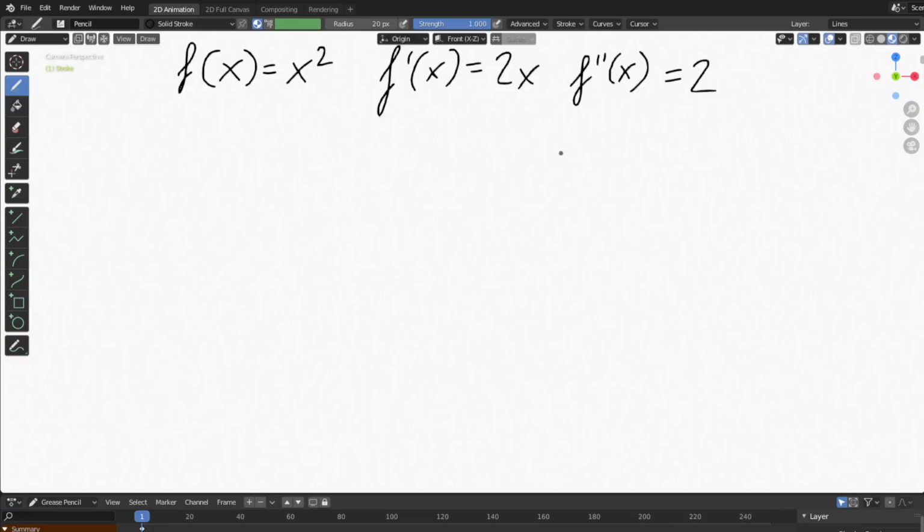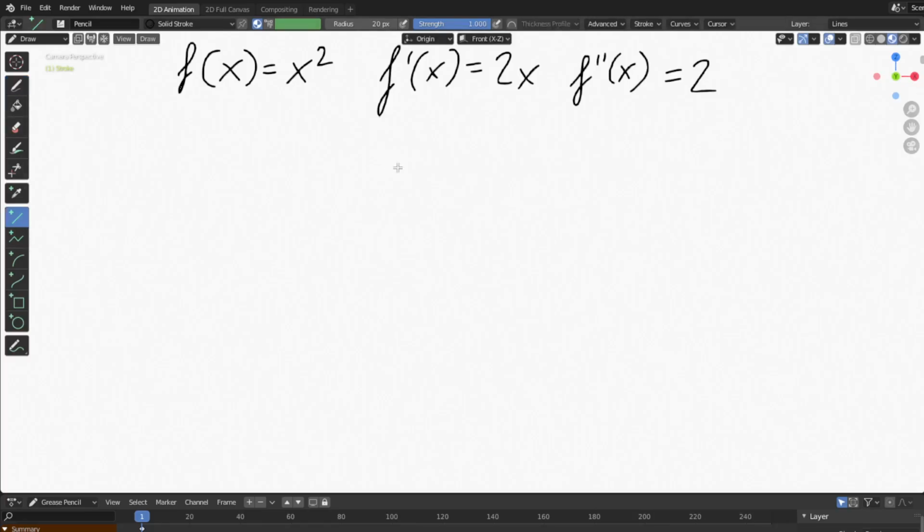So there are different things that we can tell off of this, and I'll start talking with the second derivative because that's the one that is easiest to show. There is a thing in all functions that aren't linear.